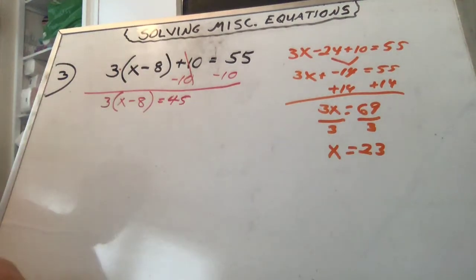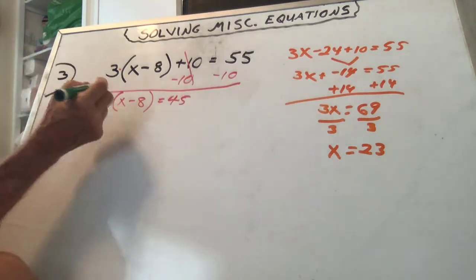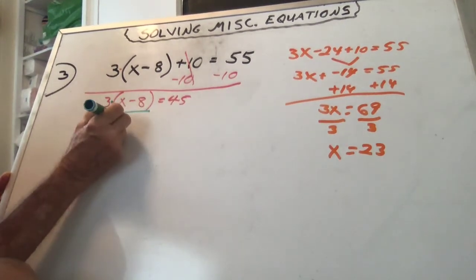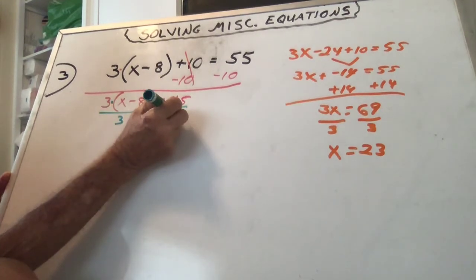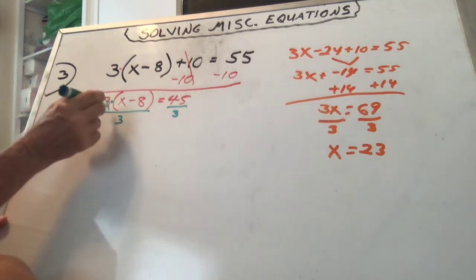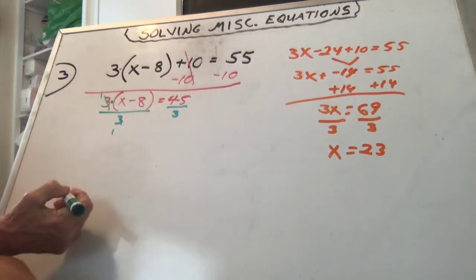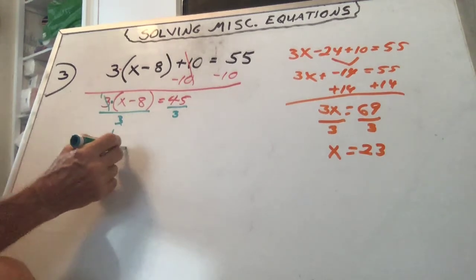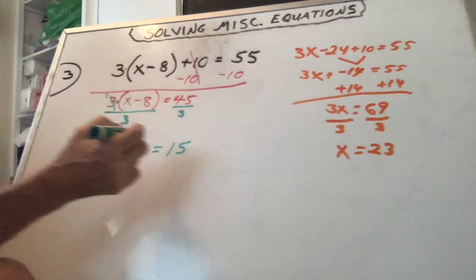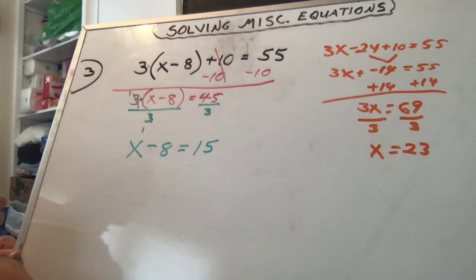Now we're not going to do distributive property. What we're going to do instead is, this I already told you is multiplication, so we're going to divide by 3 on both sides. Alright? Those 3's cancel to 1, so I get x minus 8. 45 divided by 3 is 15.